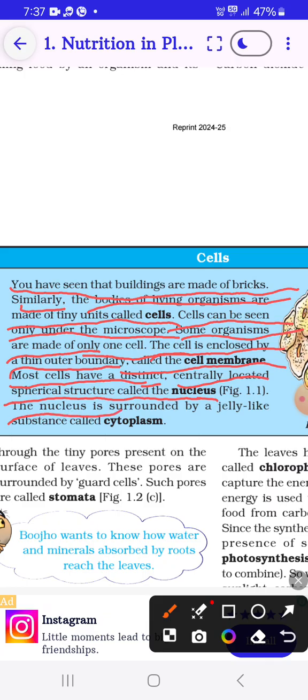The nucleus is surrounded by a jelly-like substance called cytoplasm.